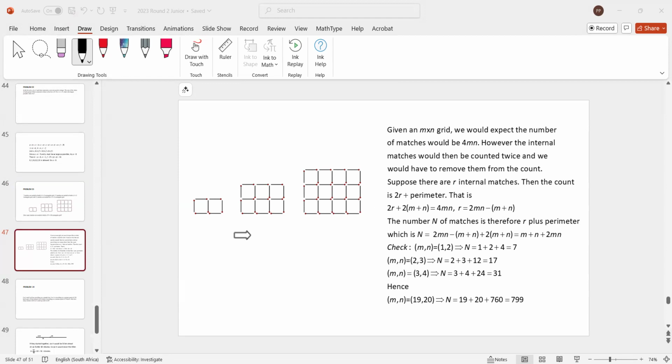So you've got 2 by 3, and that is 2mn, which is 2 times 3 is 6, times 2 is 12, minus 3 plus 4.